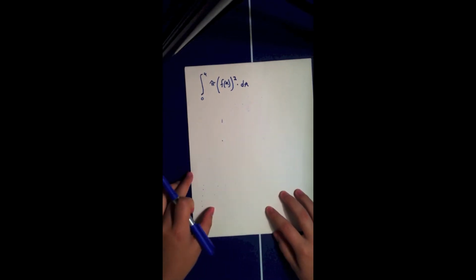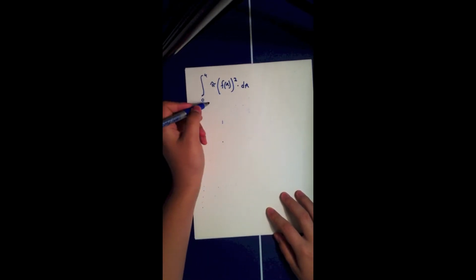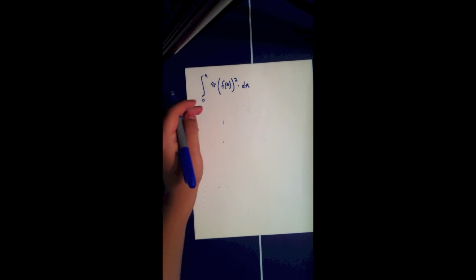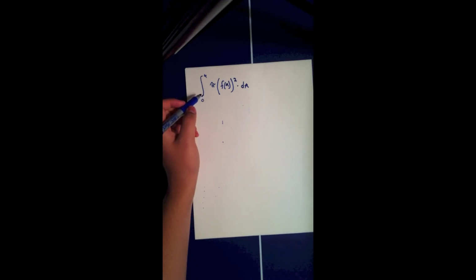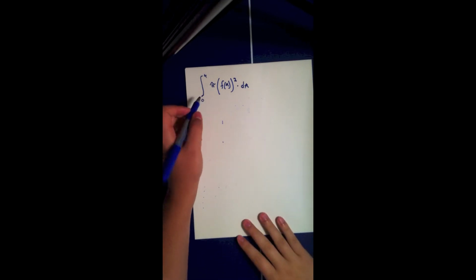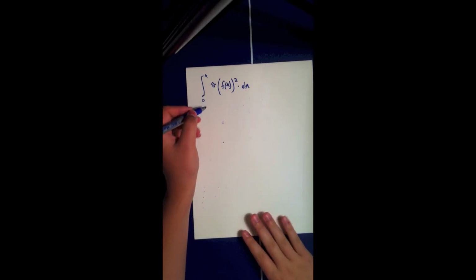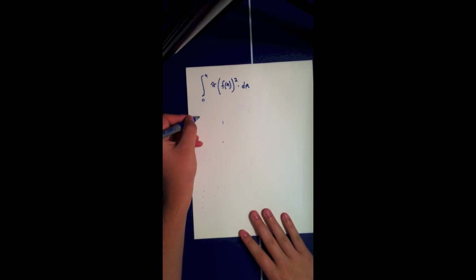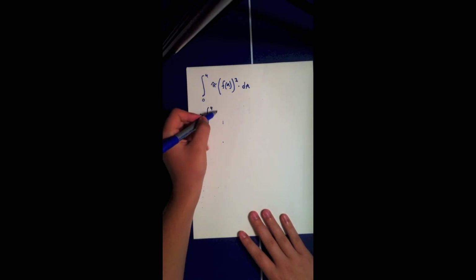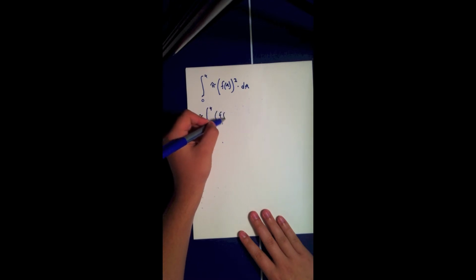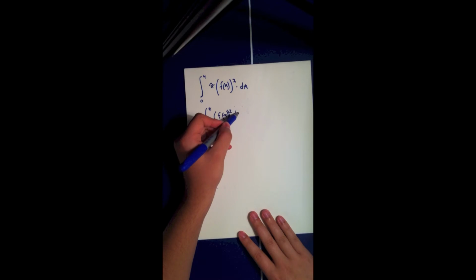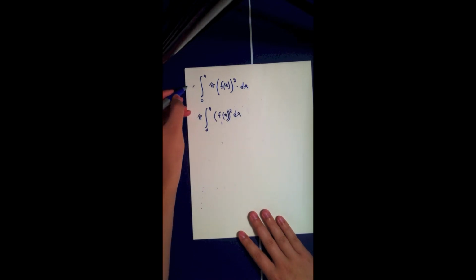We know, from the properties of integrals, that pi is a constant, so we can take it out in front. So pi times the integral from 0 to 4 of f of x squared dx is equal to the volume.